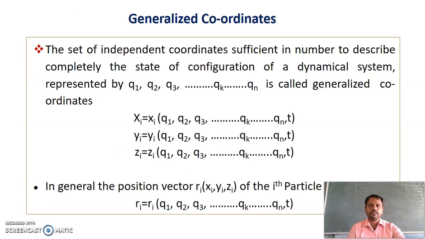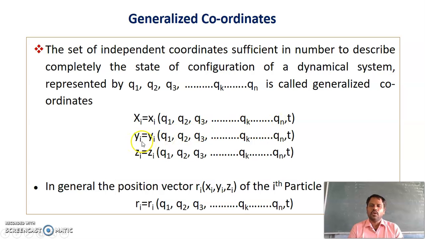Likewise, the set of independent coordinates, sufficient in number to describe completely the state of configuration of a dynamical system, represented by q1, q2, q3, and so on up to qn, is called generalized coordinates. The Cartesian coordinates in terms of generalized coordinates are given by x equal to a function of q1, q2, q3, up to qn.